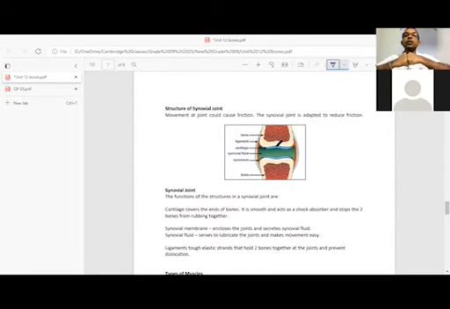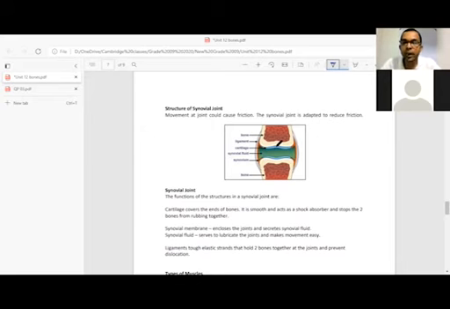Due to the friction, the bones may be damaged, and it is not easy to move these two bones. To avoid that, or to reduce the friction, the synovial joint is adapted here.